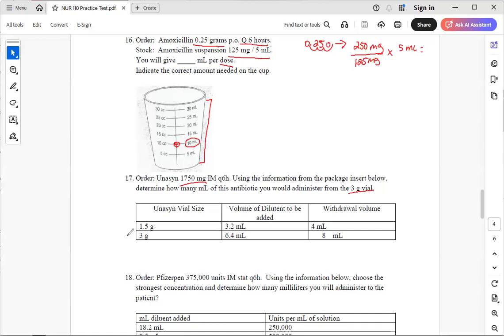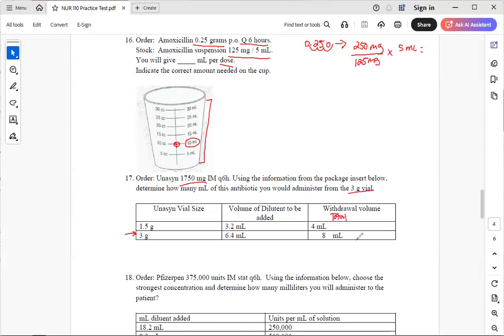So what I'm going to look at is the table information for the 3-gram vial. The 3-gram vial says we have a volume of diluent to be added of 6.4 milliliters, and it says we have a withdrawal volume of 8 milliliters. This is the same thing as the total volume.